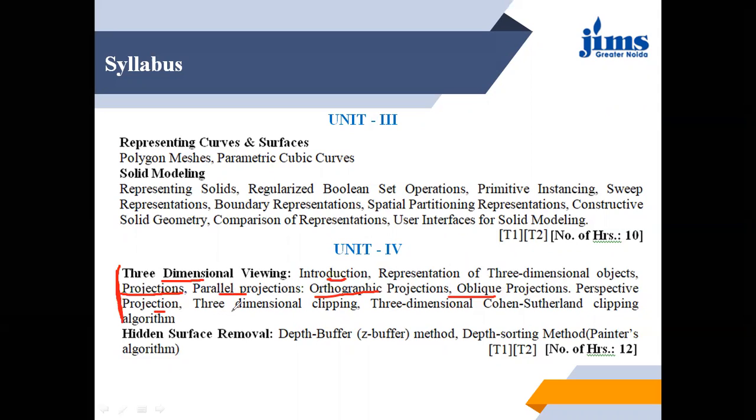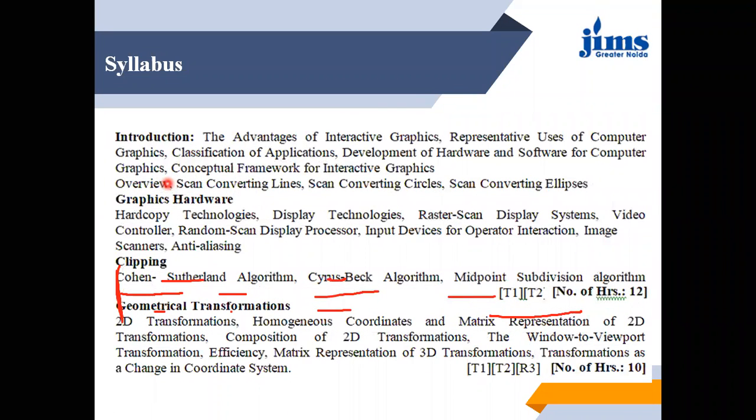After this, we will discuss clipping. This is three-dimensional Cohen-Sutherland clipping algorithm. If you go to the first unit, you will see that in the first unit also there is the Cohen algorithm for clipping.